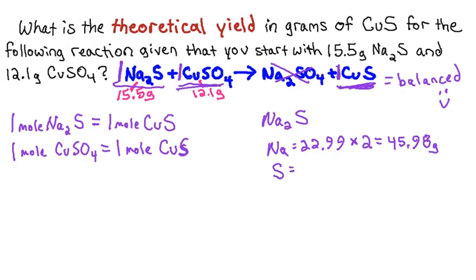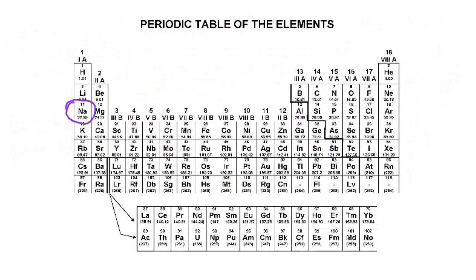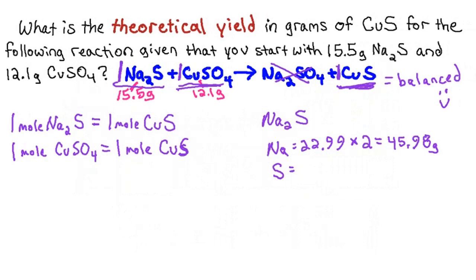Then we need to find out how many grams are in a mole of S. So let's look at our periodic table again. So here's S over here on the right, and that's 32.07 grams.